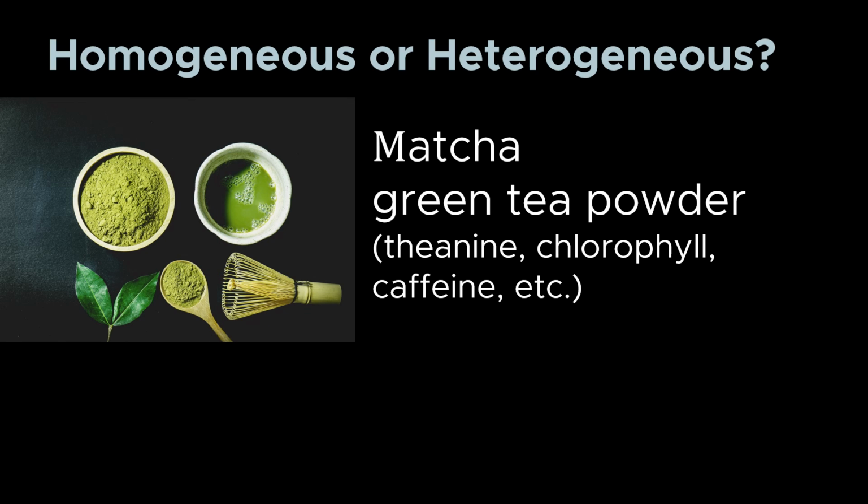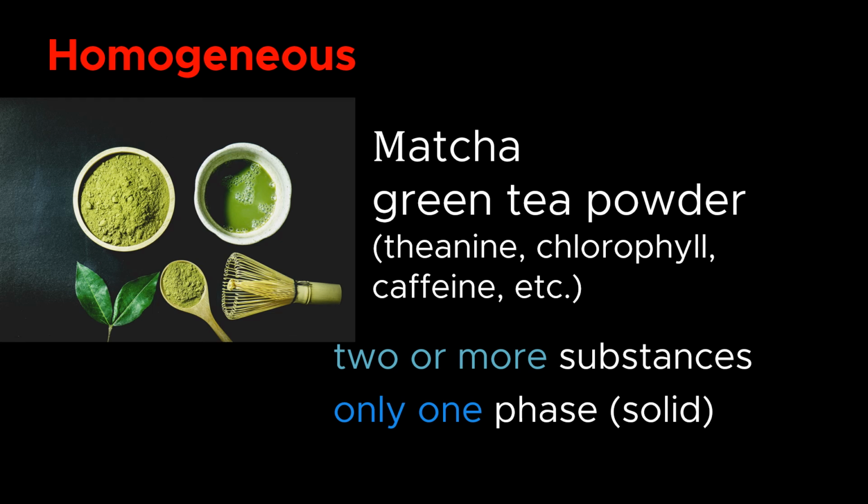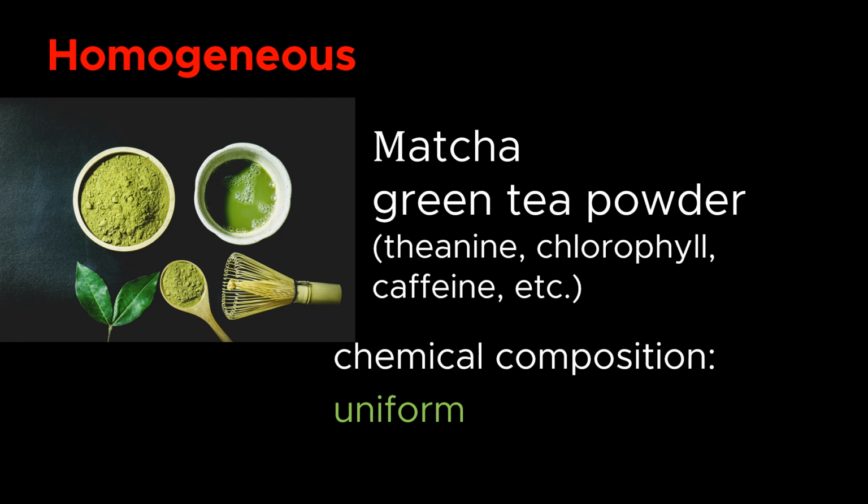And finally, we have matcha green tea powder, homogeneous or heterogeneous. This one is homogeneous. There are two or more substances, theanine, chlorophyll, etc., but there is only one solid phase, and the chemical composition is uniform.